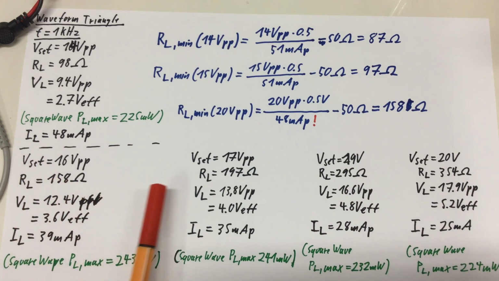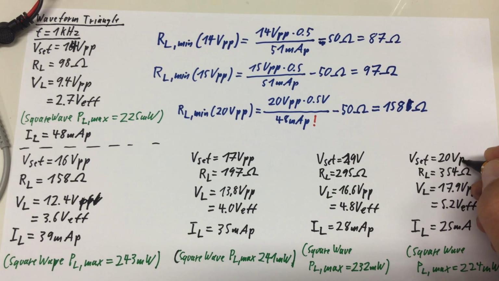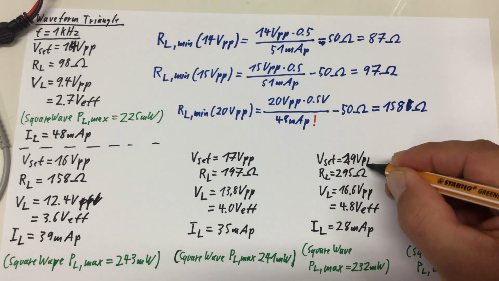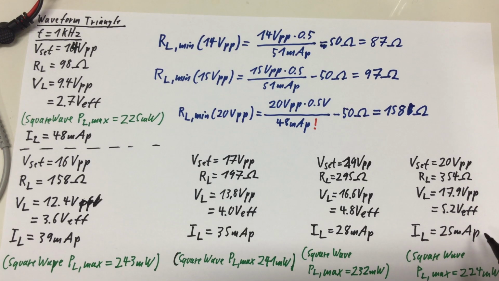And this trend continued up to a set voltage of 20 volts peak to peak. I had to use a load resistor of 354 ohms to get an undistorted triangle signal out of that thing. That means the maximum current delivered at a set voltage of 20 volts peak to peak is 25 milliamps peak.